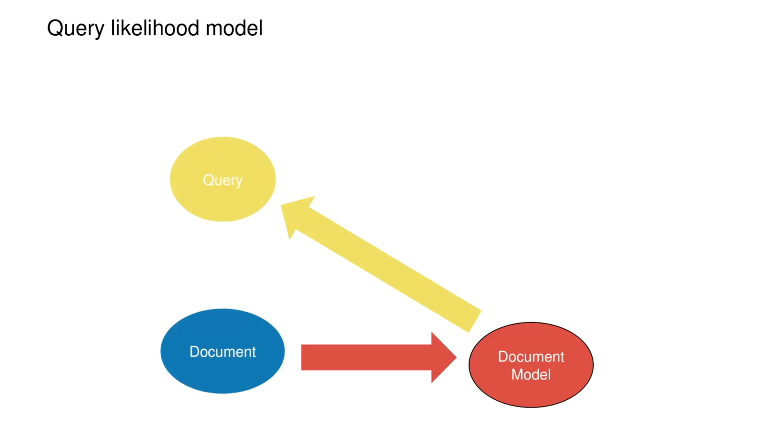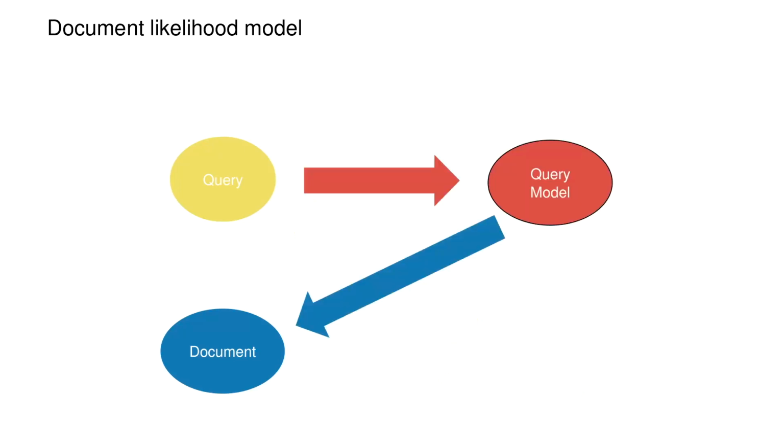There are other approaches that I will not go into, but just mention that some people do it the other way around. They generate a model based on the query, and then compute the probability of generating each document based on the query. As you can imagine, this one is more tricky because the query is very small. Right? The query might just have a few words, so how can you generate a model out of a query?